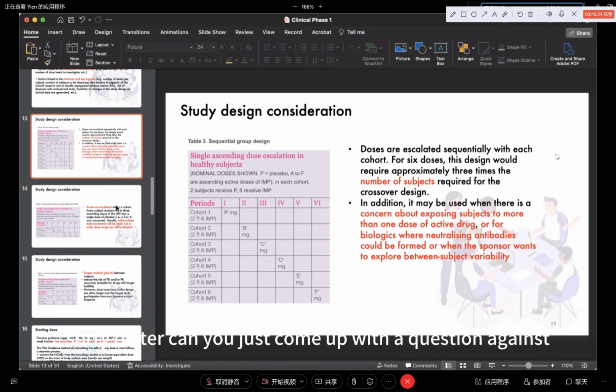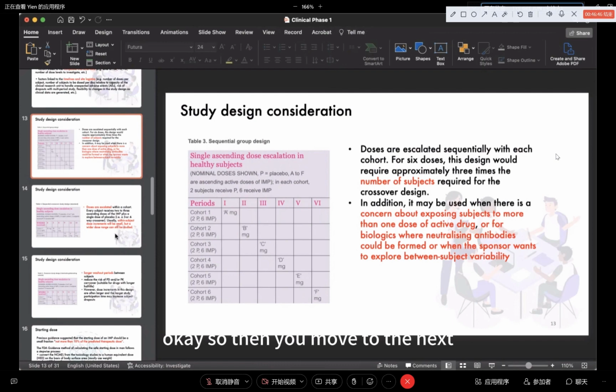Sorry, doctor, can you just come up with the question again? Okay, so if you notice here, there is dose increase, for example, like the study design in this particular slide. The first cohort is given a dose, and then the second cohort is given another dose. The third cohort is given another dose.